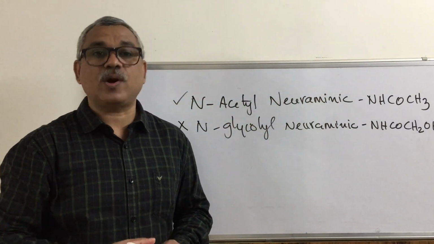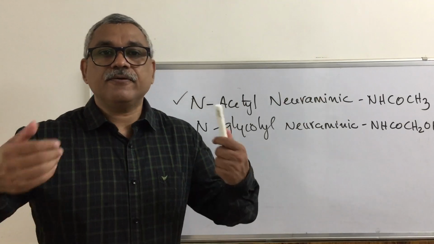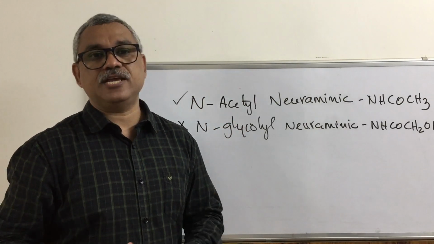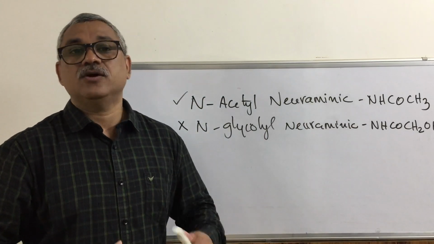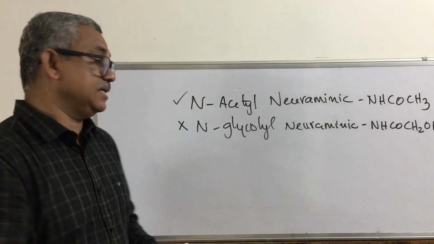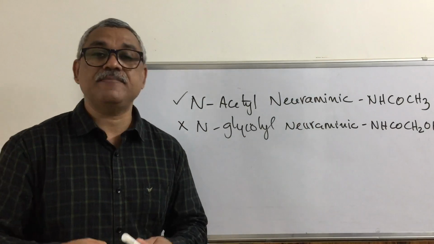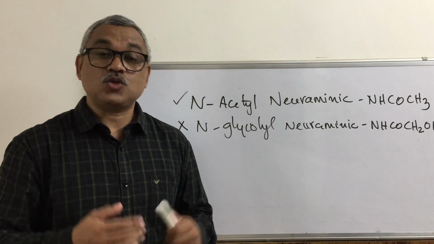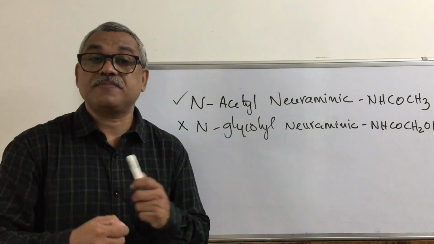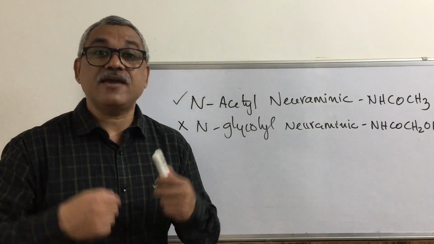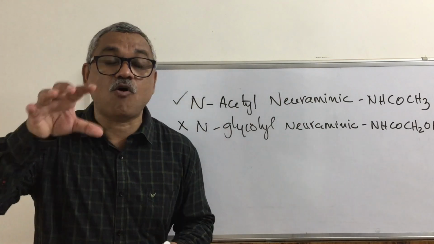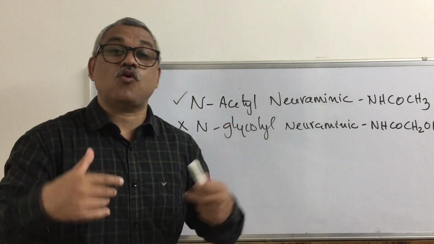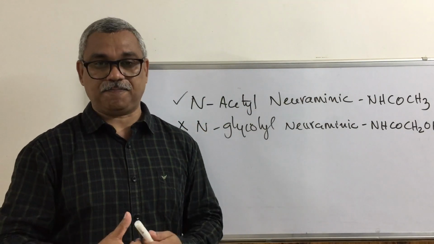Now, many times what happens is with the consumption of non-vegetarian food, milk, poultry, all these can add N-glycolyl neuraminic acid into our system metabolically. So once it is added, certain bacteria will use that as a kind of binding site to cause infection in our body.